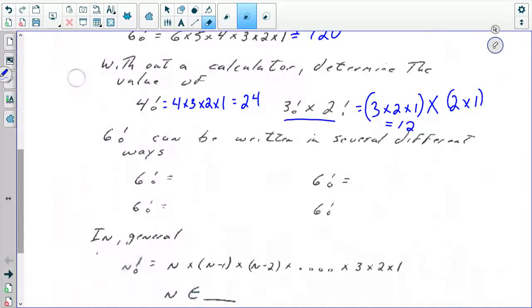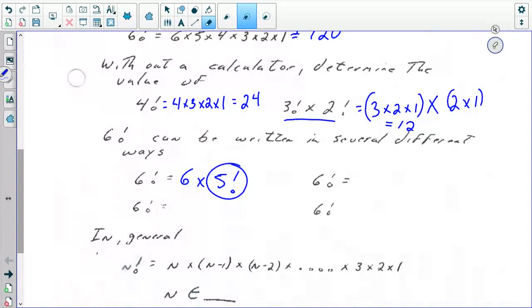6 factorial can be written in different ways. We've already talked about this one. We can just write it all out. I could also write it as 6 times 5 factorial, because 5 factorial is 5 times 4 times 3 times 2 times 1.